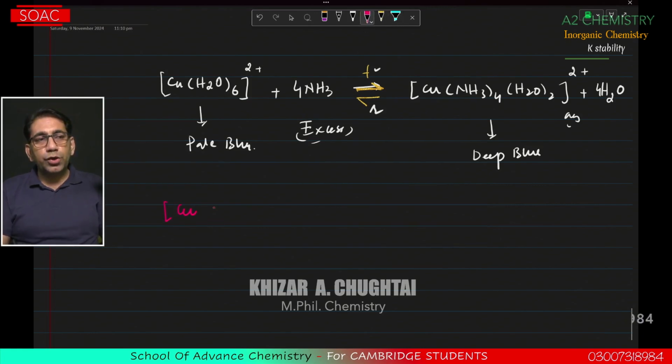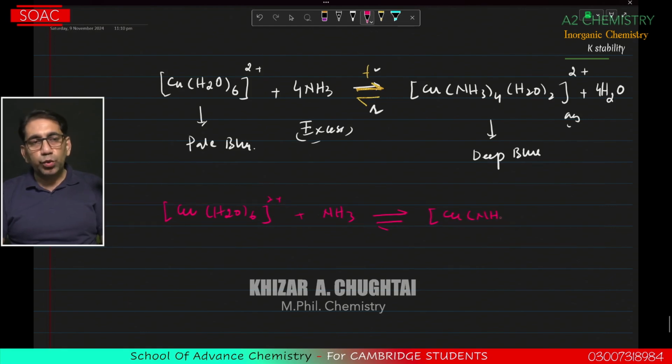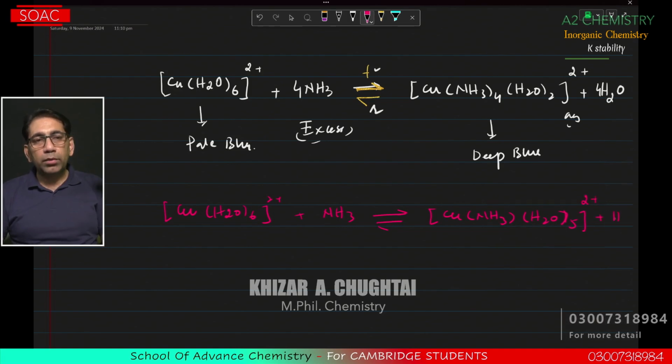Initially, [Cu(H2O)6]2+ plus 1 mole of NH3 forms [Cu(NH3)(H2O)5]2+ plus 1 mole of H2O.